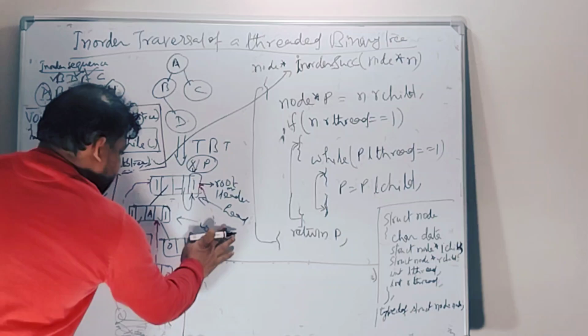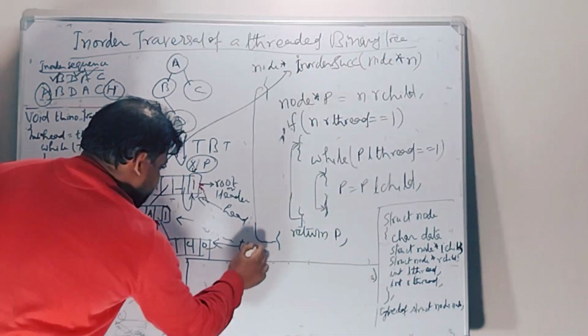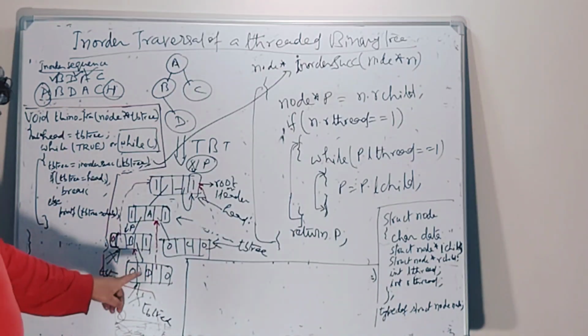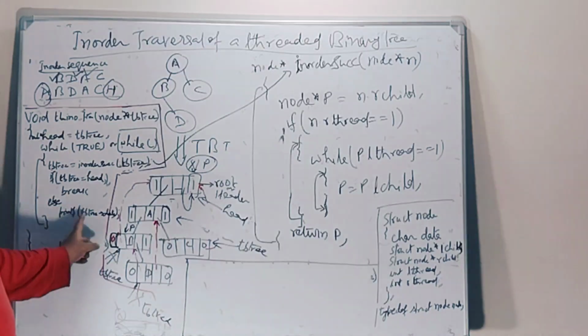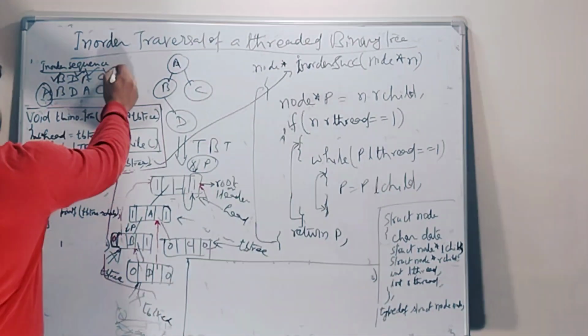So tv_tree will come to this location, and it will check whether tv_tree is equal to head. No, because head is over here. So in that case what will happen, once again it will print the value of that data. So tv_tree data, that is C, will be printed.